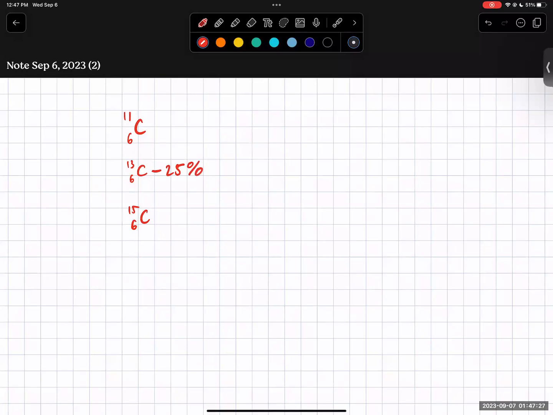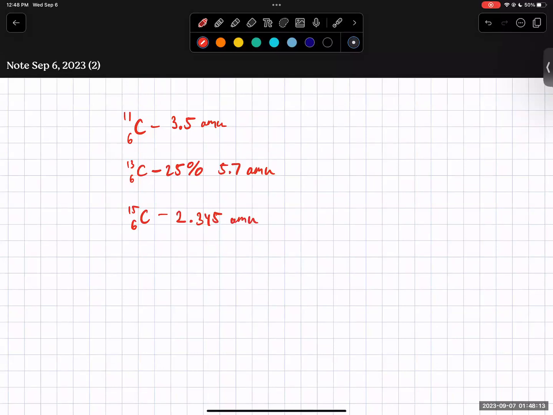And the mass of carbon 11 was 3.5 AMU. And let's say the mass for carbon 13 was 5.7 AMU, and the mass for carbon 15 was 2.345 AMU.